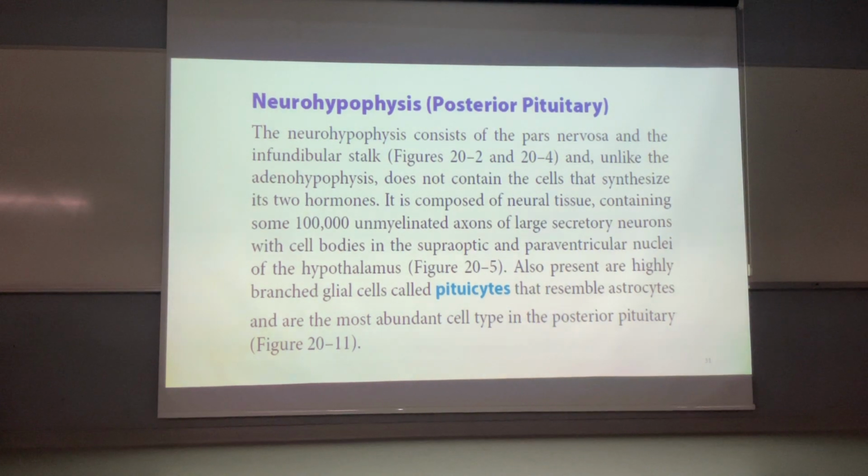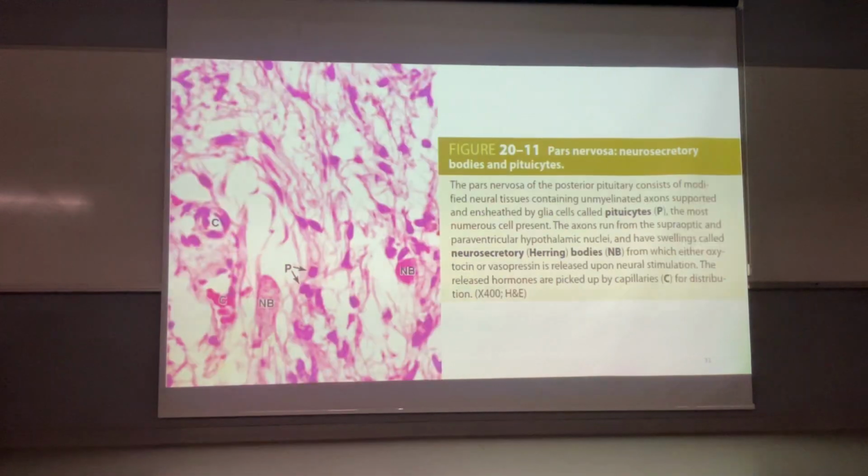Okay, in the neurohypophysis, we have special glia cells, which are known as the pituicytes. These pituicytes are present in the structure of the neurohypophysis.